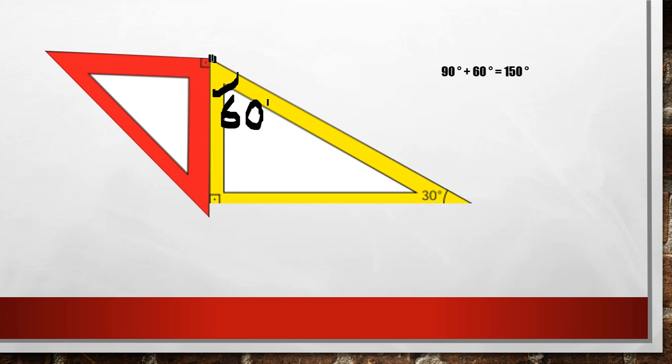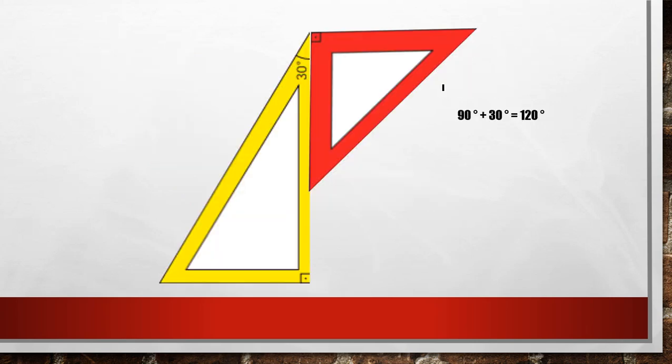And our adjacent angles are 90 degrees and 60 degrees because they have a common vertex and common ray. So 90 plus 60 equals 150. Here 30 and 90 are adjacent angles and 90 plus 30 equals 120.